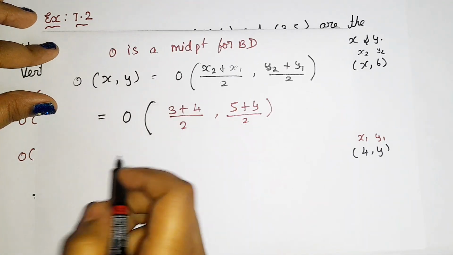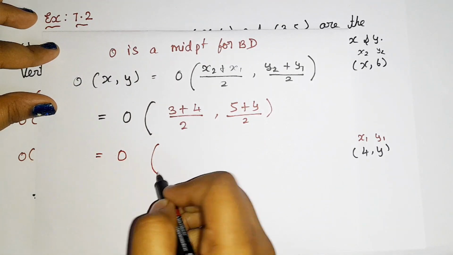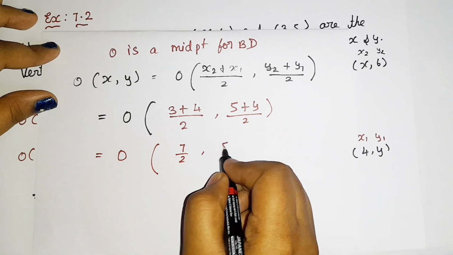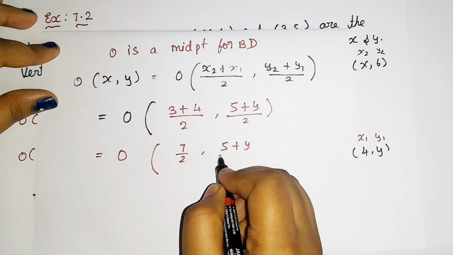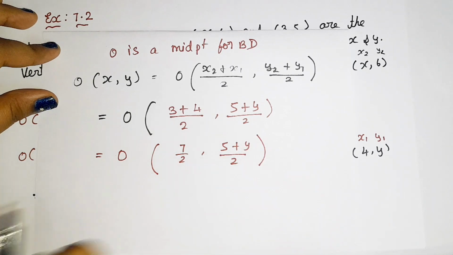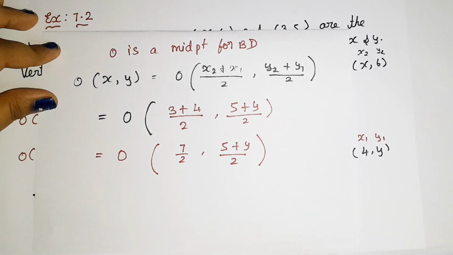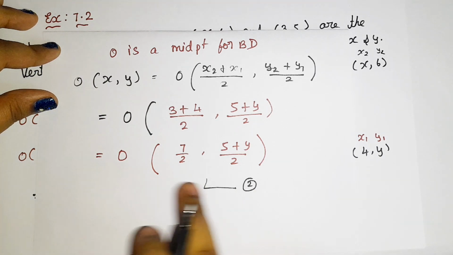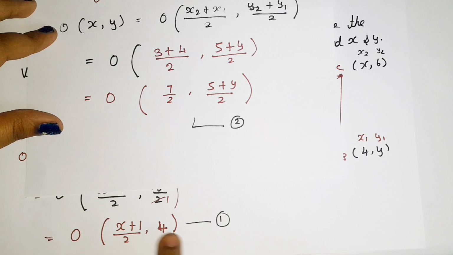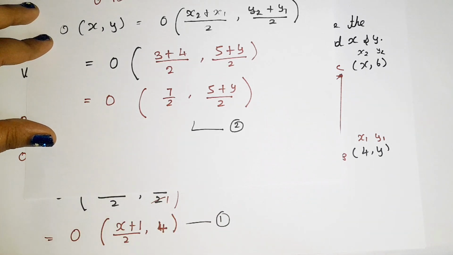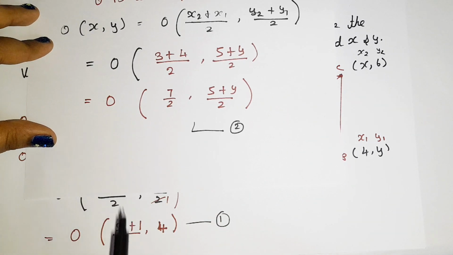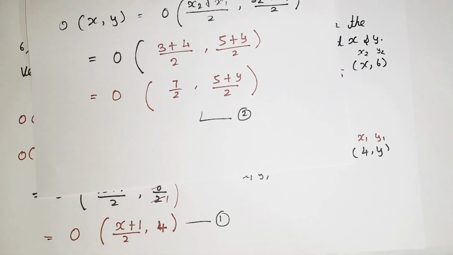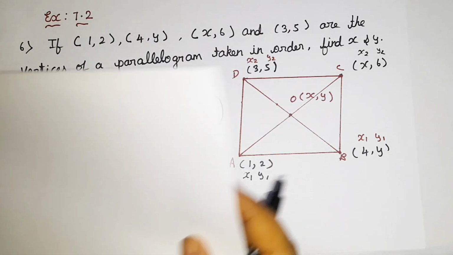Now we can solve it. 4 plus 3 is 7, so O is equal to 7 by 2 comma (5 plus y) divided by 2. Since I got this value, I am going to take it as equation number 2. Since I got two O coordinate values, I am going to write both the equations separately over here.